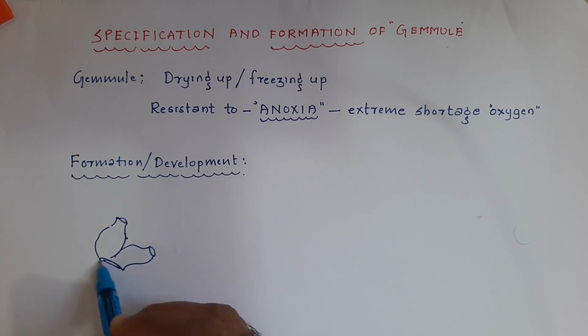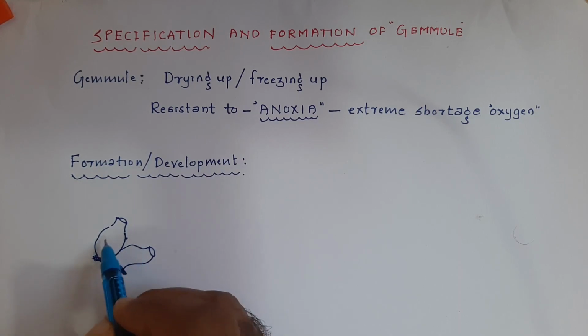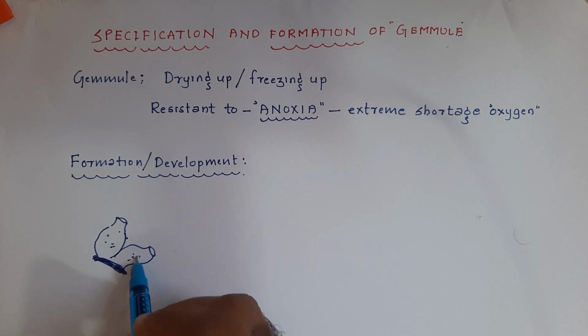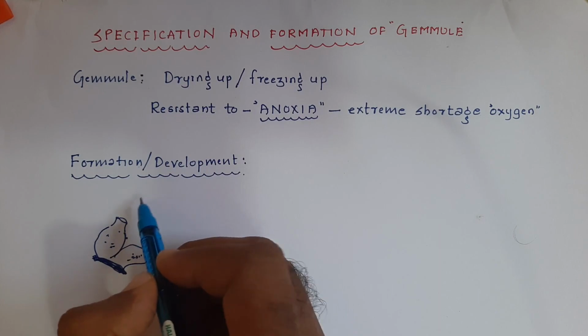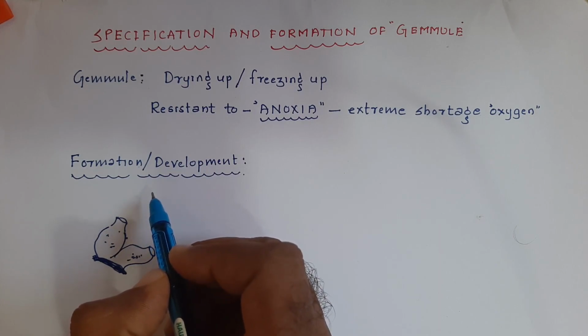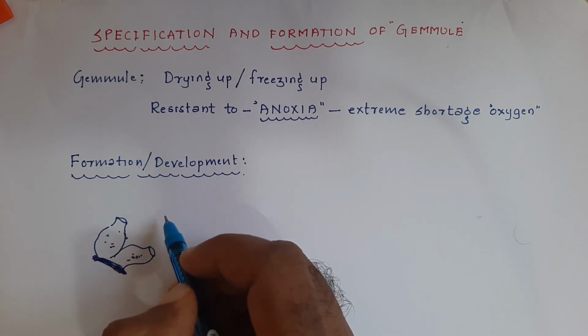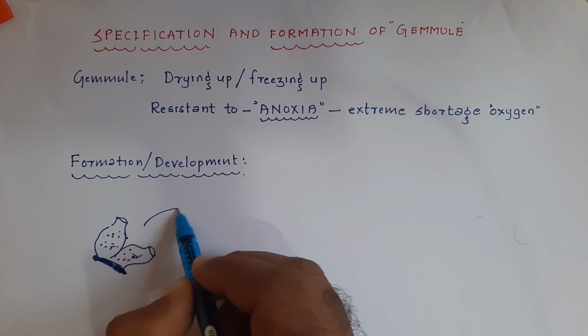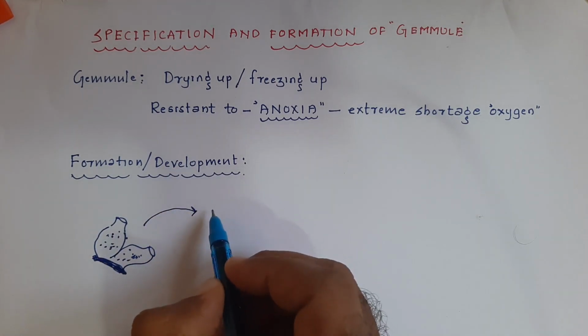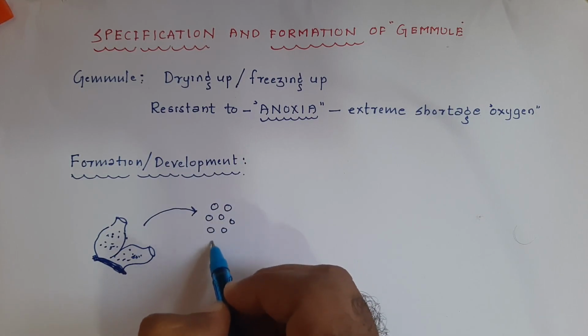Here the sponges get attached to the substratum in fresh water. During autumn, these freshwater sponges die, leaving behind numerous gemmules.